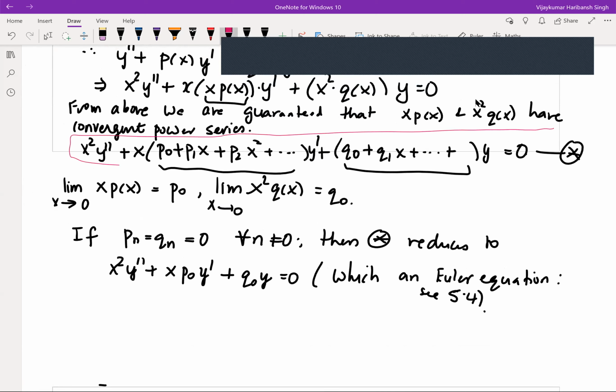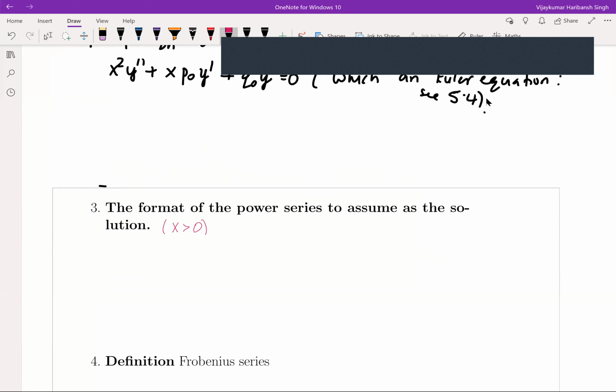Let's discuss the format of the solution. In this case, for the sake of simplicity, we'll take x to be greater than 0, and x less than 0 can be dealt with in the same way.